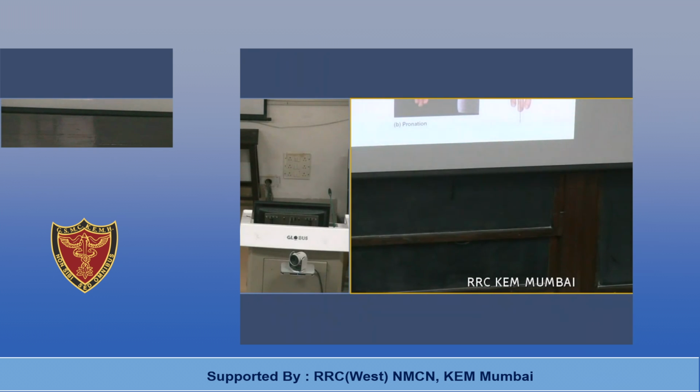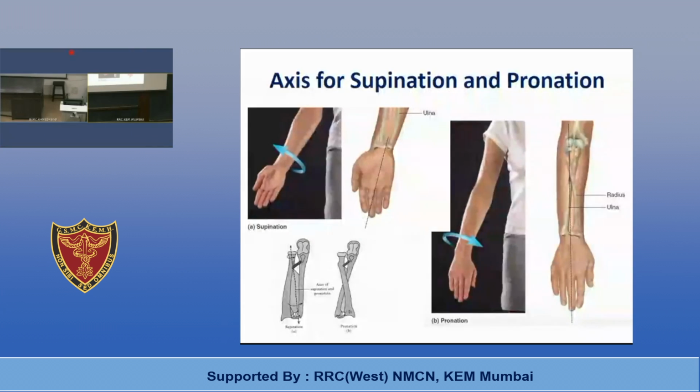Okay? So that's the same thing. When it is resting on a surface, it passes through the little finger, and when it is mid-air, it passes through the middle finger and the upper end of the radius.